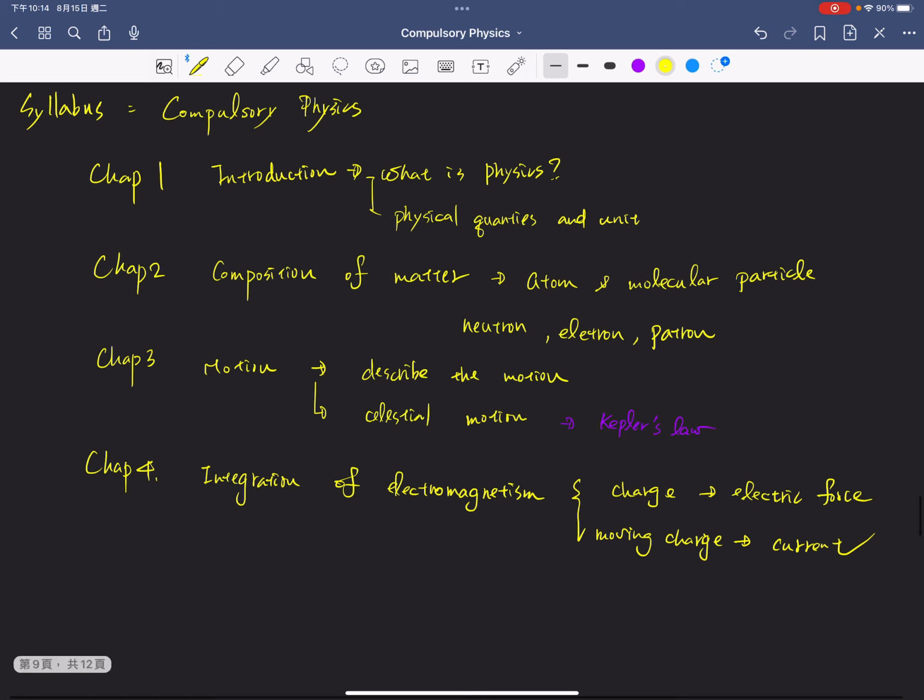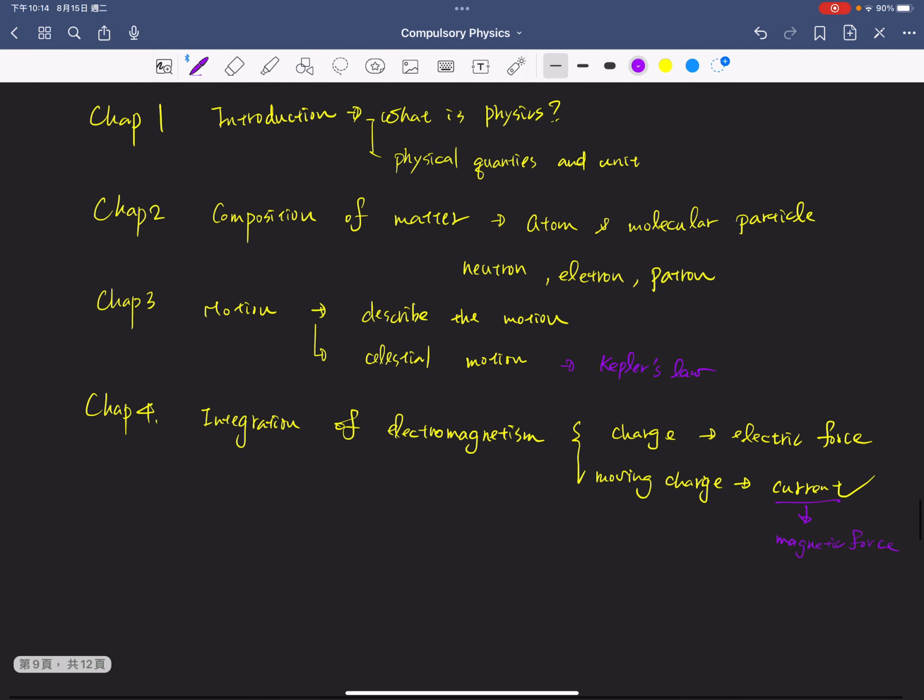So the charge gives the electric force, the moving charge causes the current, and the current will cause the magnetic force, the magnetic field. Here there is another thing we need to talk about, that is the field.